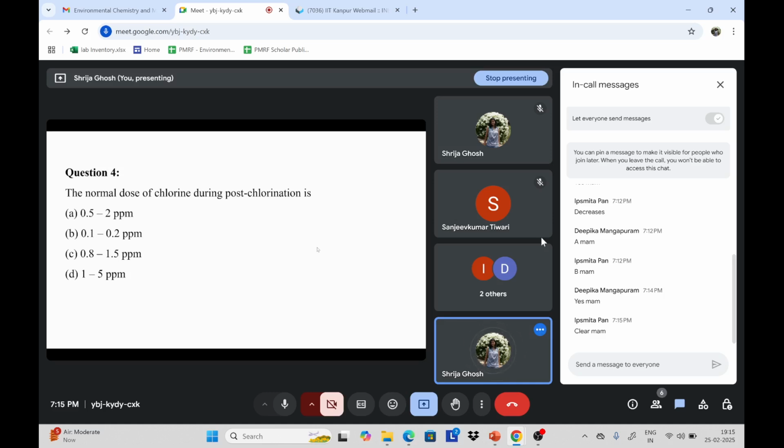So, option A is 0.5 to 2 ppm. ppm means parts per million. Option B is 0.1 to 0.2 ppm. Option C is 0.8 to 1.5 ppm, and option D is 1 to 5 ppm. What should be the normal dose of chlorine during post-chlorination?